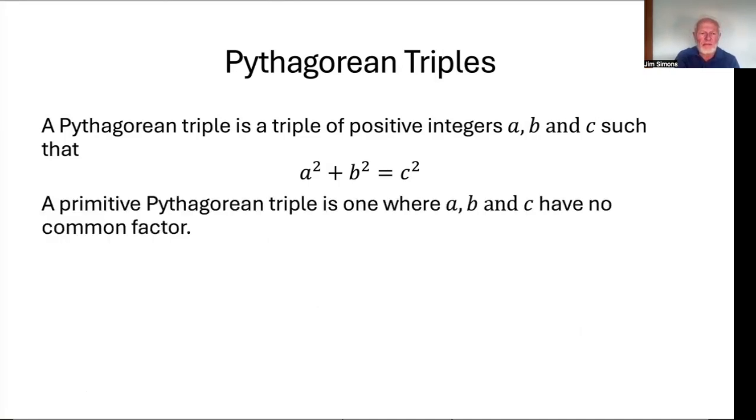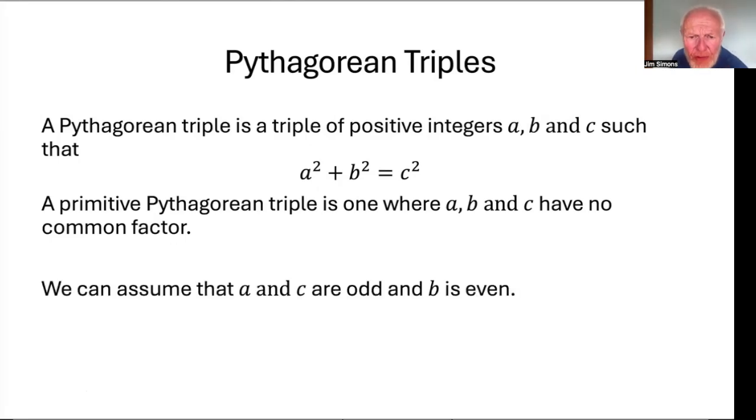We need the concept of a primitive Pythagorean triple, which is one where A, B, and C have no common factors. Of course, if any two of them had a common factor, the other one would have that factor in common with them as well. So they're all either co-prime pairs or they all have a common factor. For example, 3, 4, 5 is a primitive Pythagorean triple, but 6, 8, 10 is a Pythagorean triple, okay, but it's not primitive because all those numbers are even.